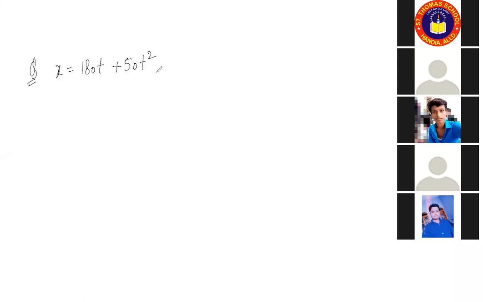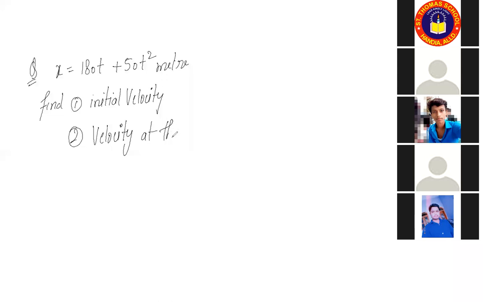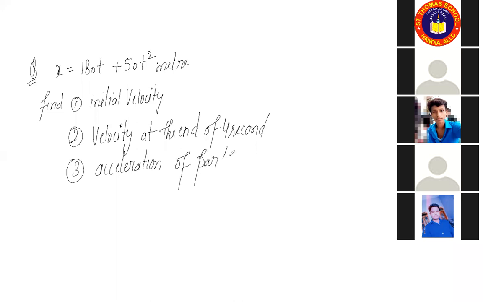What you need to find: first one is the initial velocity u, and the second you have to find the final velocity at the end of 4 seconds. And third, the acceleration of the particle.